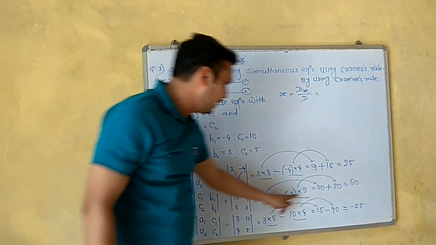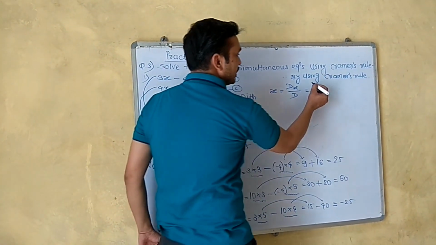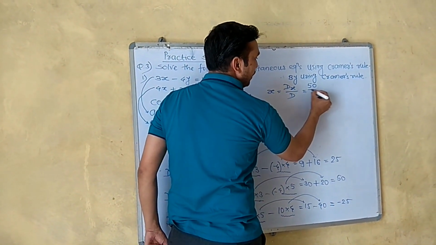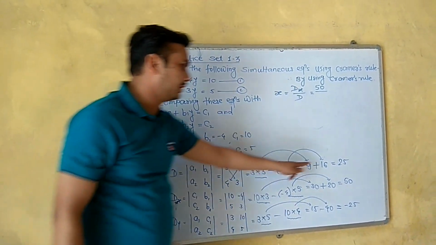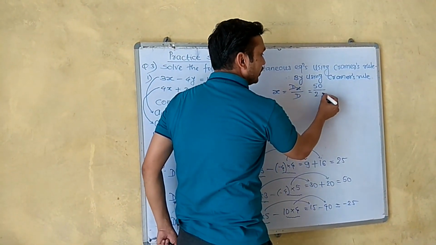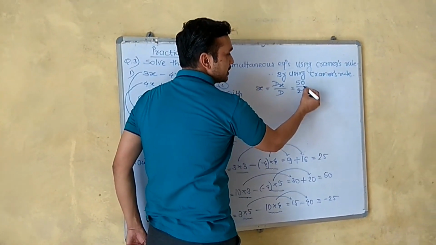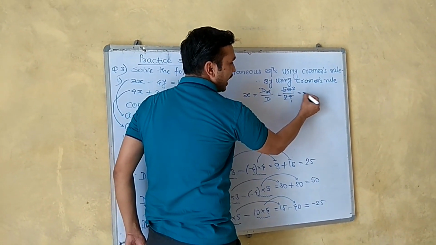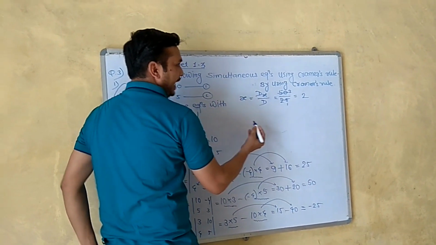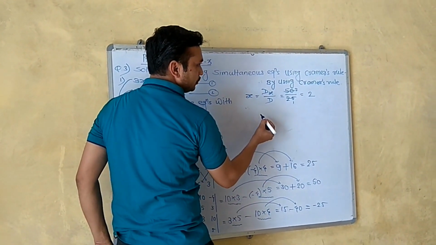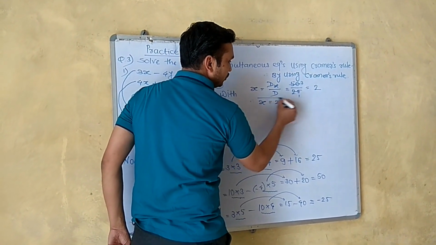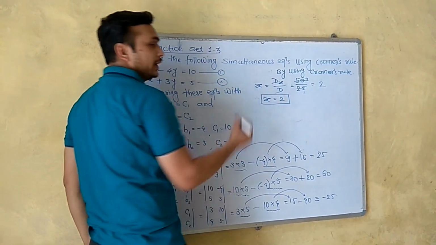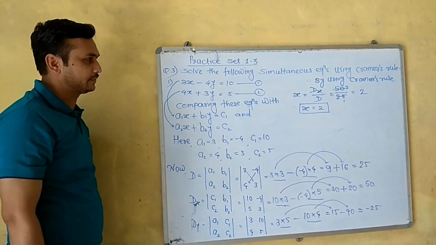So the value of dx is 50. So 50 upon d. D means what? That is 25. So 25 ones are 25, 25 twos are 50. So x equals to 2. First value of variable x.